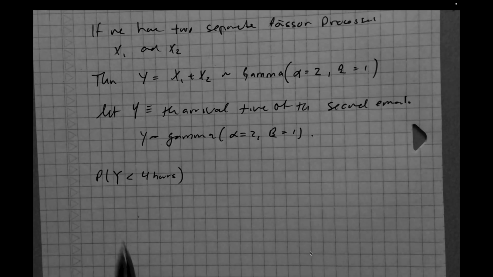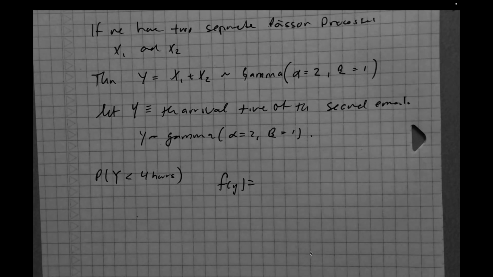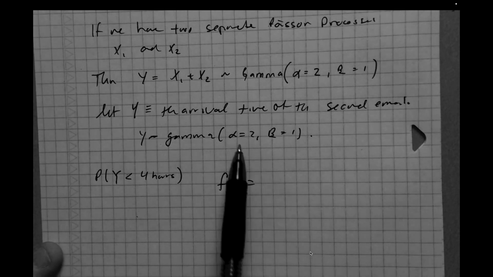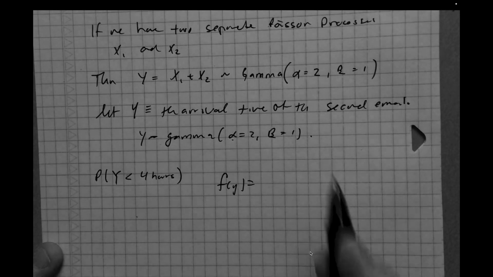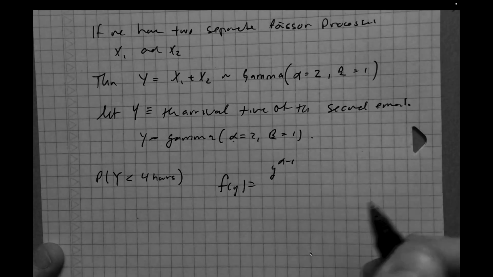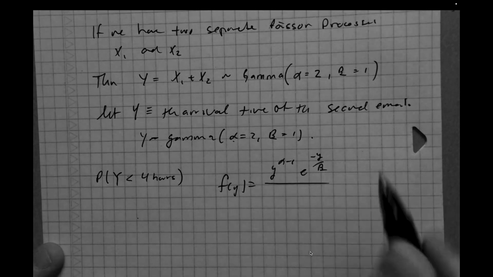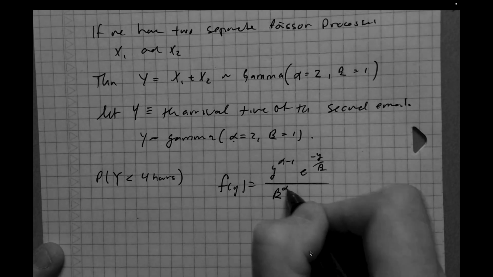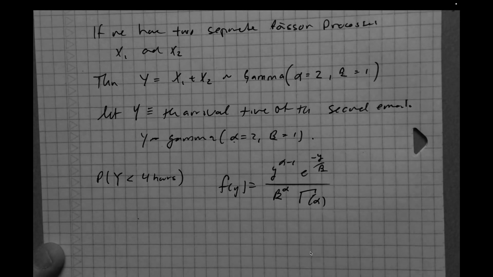So what does the PDF look like here? What's the density function for a gamma random variable that is alpha 2, beta 1? Well, we can just write it out: y to the alpha minus 1 times e to the negative y over beta, divided by beta to the alpha times the gamma function evaluated at alpha.